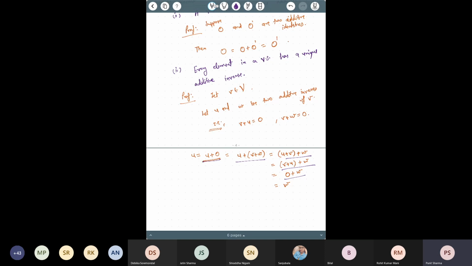Okay, since what we have seen here is that every element has a unique additive inverse, we can call this additive inverse, let's say, minus v. So this is just a notation.